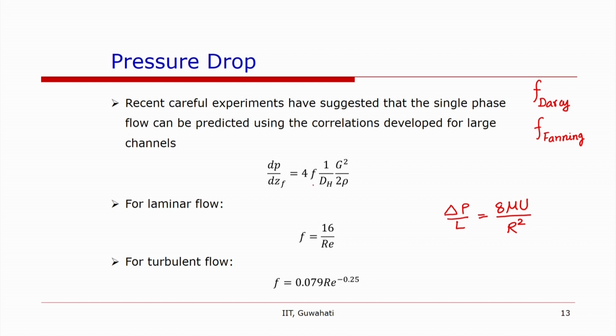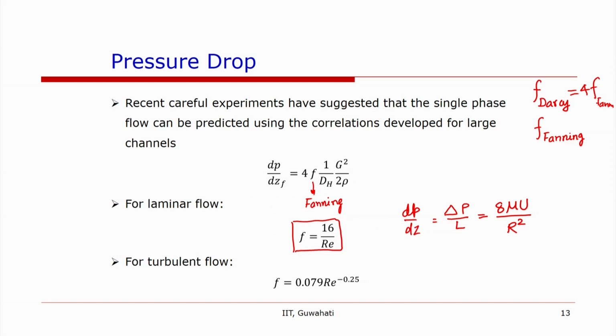The one we have here defined as F is the Fanning friction factor, and the Darcy friction factor is 4 times the Fanning friction factor. So, one needs to be careful about which friction factor one is using. The Fanning friction factor for laminar flow is F is equal to 16 by Re, and if you substitute the delta P by L or dP by dZ, then one can find F is equal to 16 by Re.